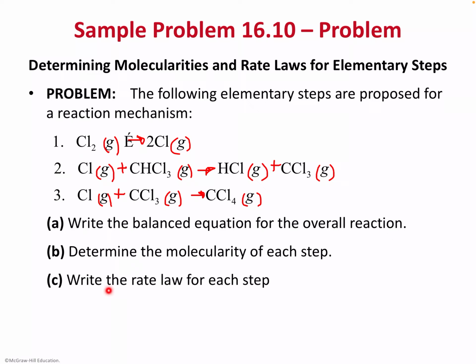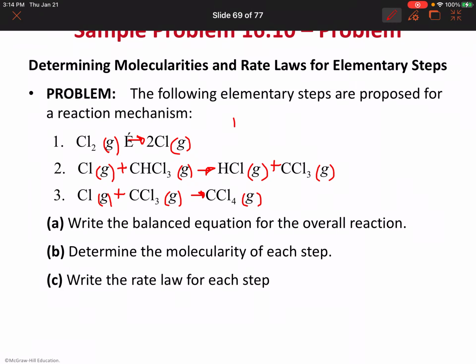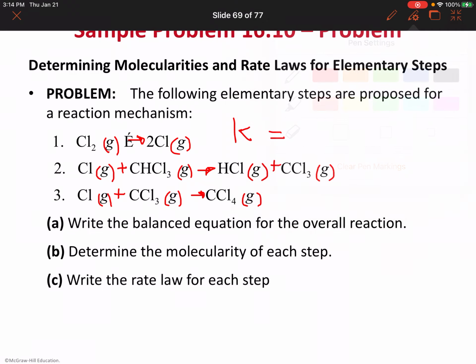So we have to write the rate law for this one. Rate equals k, since it's unimolecular, Cl2. That would be the rate for the first one.